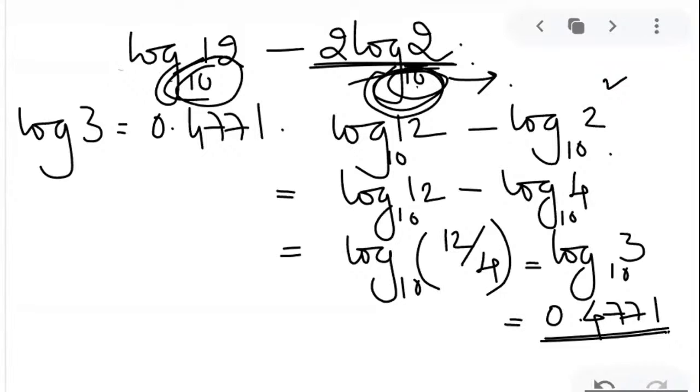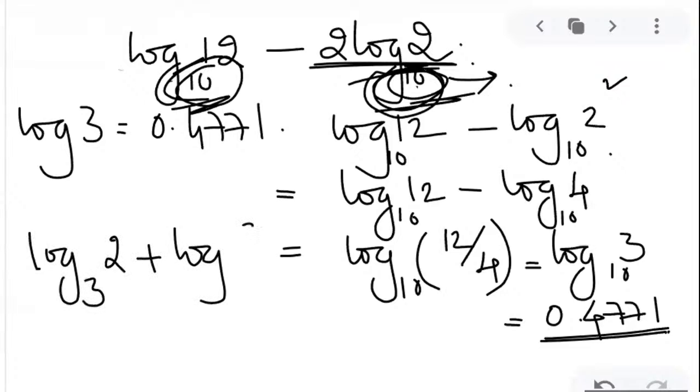So keep an eye on whether this base is 10 or not. If the base is not given, assume it to be 10 and do your calculations. But when you are given something like log 2 to the base 3 plus log 3 to the base 2 directly, then you have to look at what this is. All right?